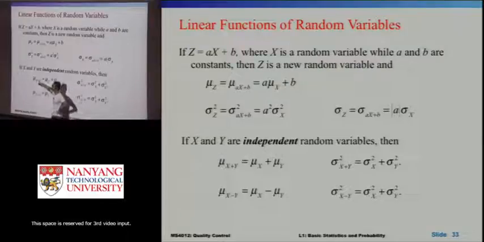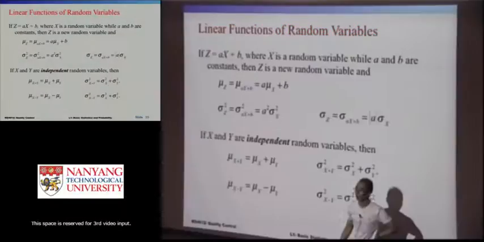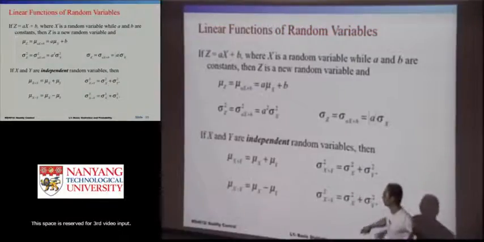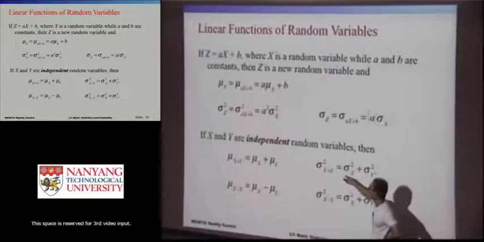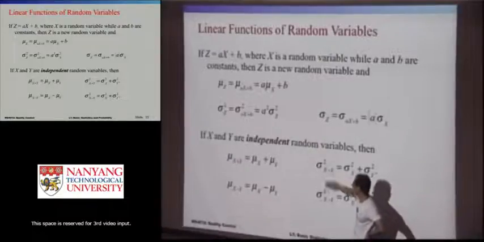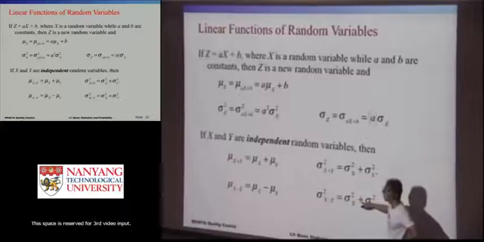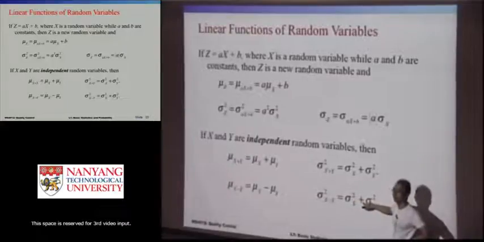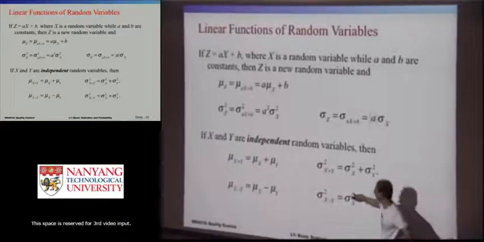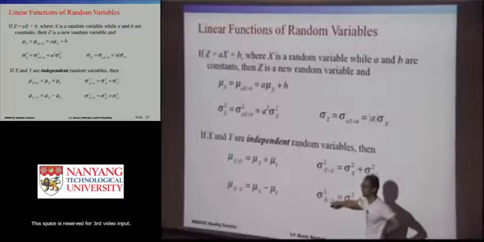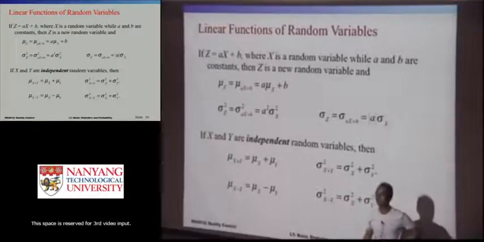If this is the plus sign, here is the plus sign. If this is the minus sign, this is the minus sign. But if we look at the variance, even when this is the minus sign, here is the plus sign.